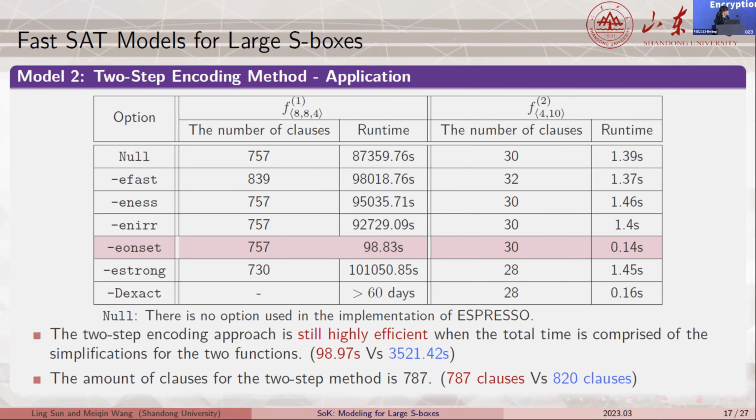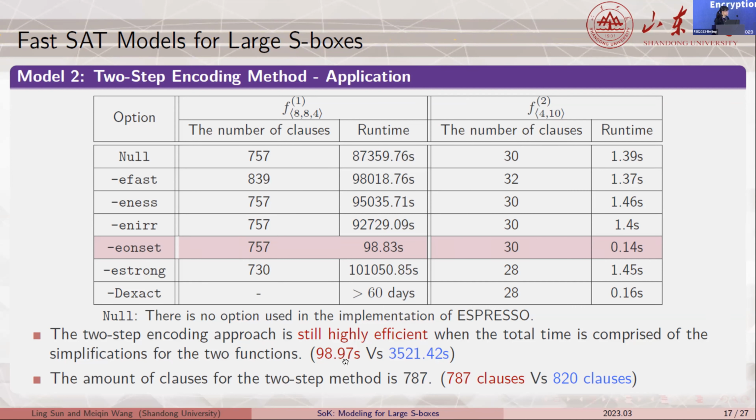Different options are applied to the 2 functions for Skinny. From the table, we can notice that if the onset option is applied, the 2-step encoding approach is still highly efficient when the total time comprises the simplifications of the 2 functions.